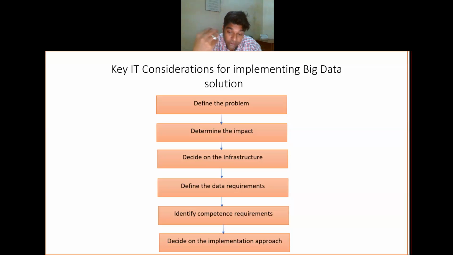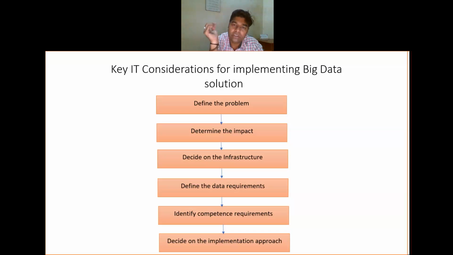The implementation approach includes, first, how many team members are required. It should not impact the business when we integrate the big data solution, because the business should not be put on hold at that time.